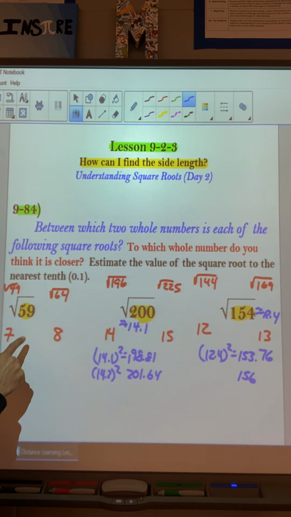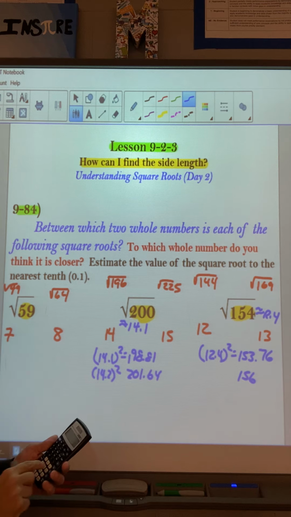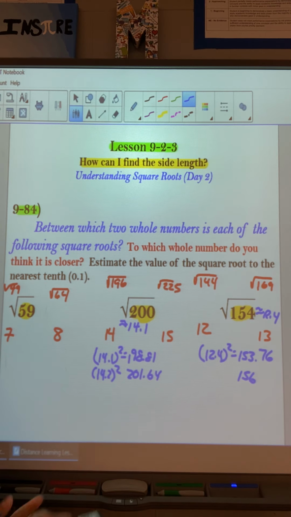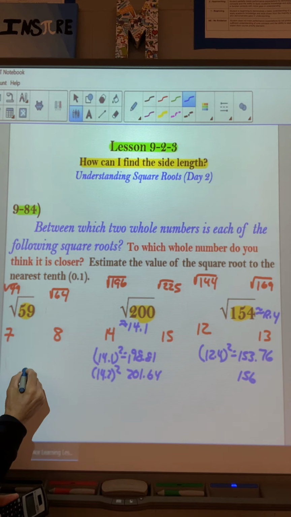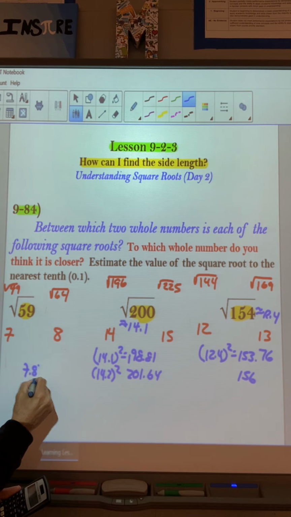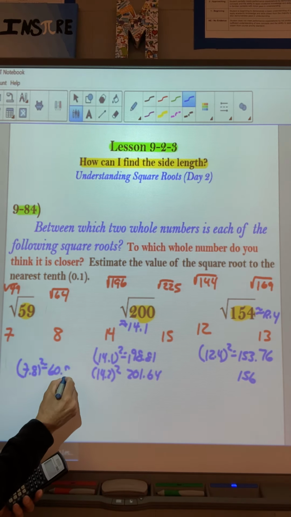And then lastly, we're 10 away from here, but we're only 5 away from here. So we know it's got to be somewhere closer to the 8. So let's try, somebody just yelled out 7.8. 7.8 squared equaled 60.84.